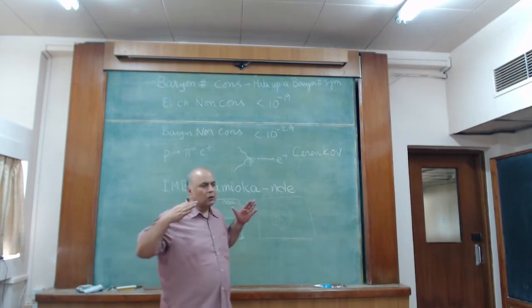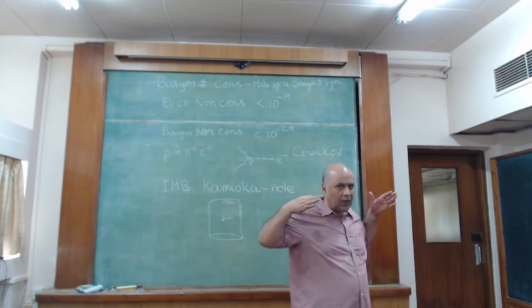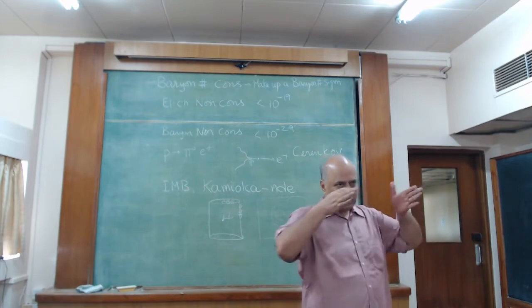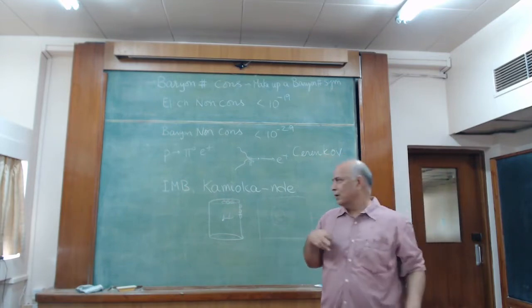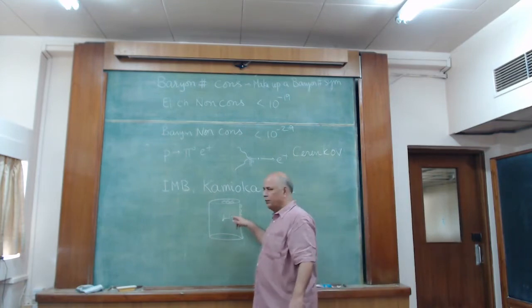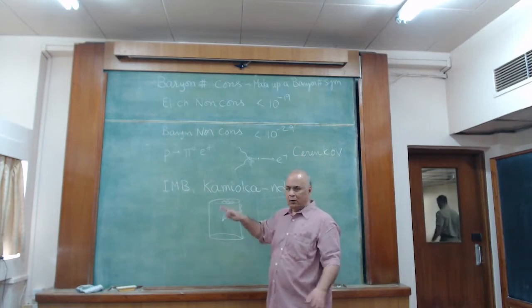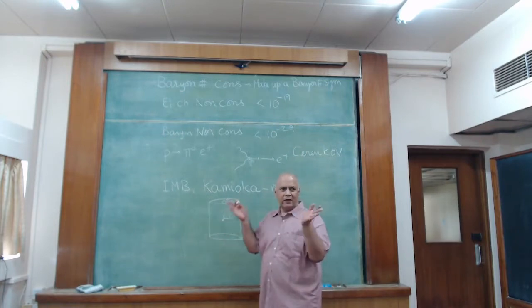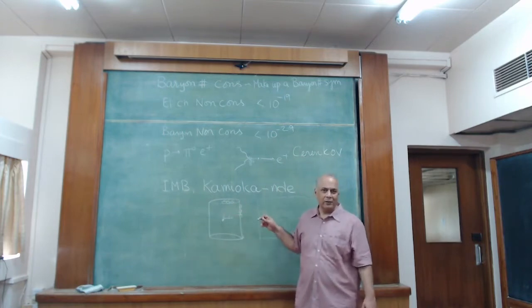Because of this large initial momentum, this electromagnetic shower has a direction. But because of this bremsstrahlung and pair production, this electromagnetic shower direction is not well defined like in the case of a muon.